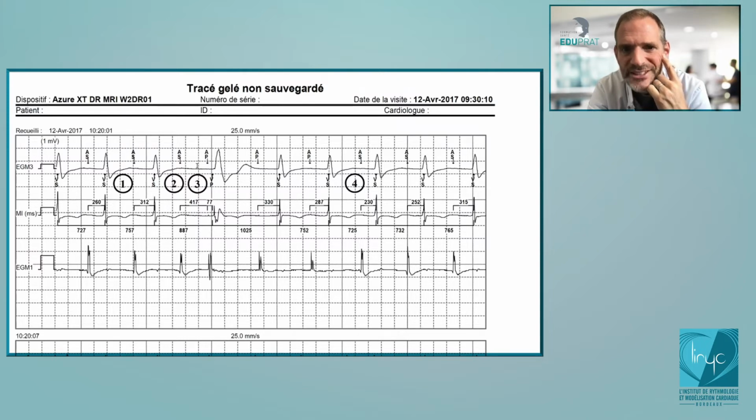If there is no R wave, it will change the way it works compared to before. On the old Medtronic devices, if there was no R wave, the P wave was blocked. Now, it will pace.